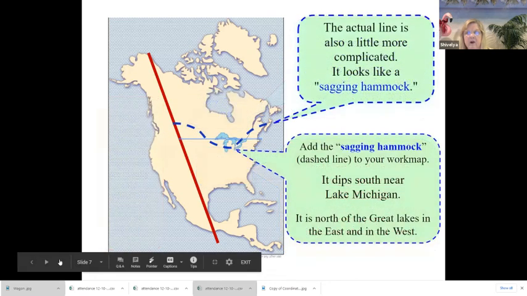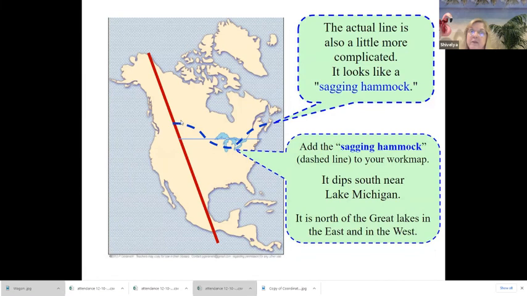That was a real simple line to draw horizontally, but to get a little bit more precise, it actually dips down about halfway across the mitten, Michigan, and then it comes back up again.